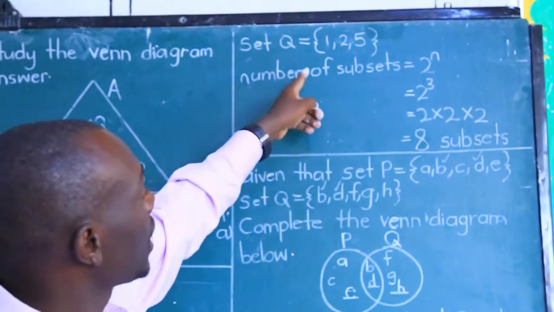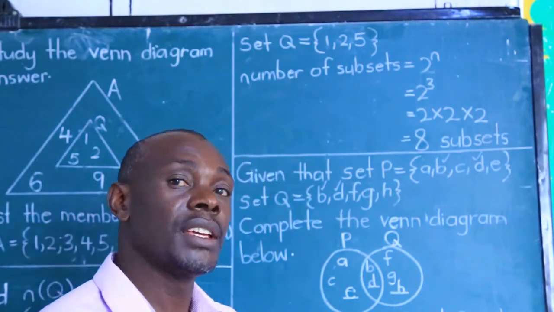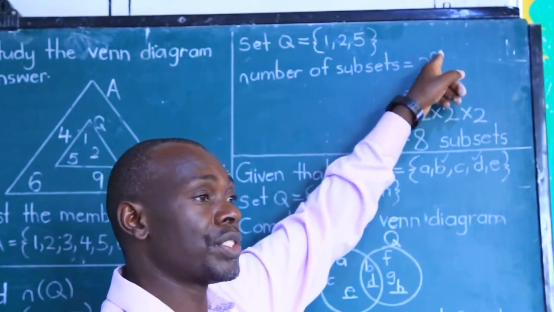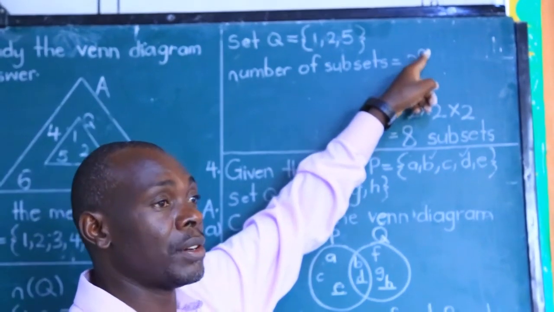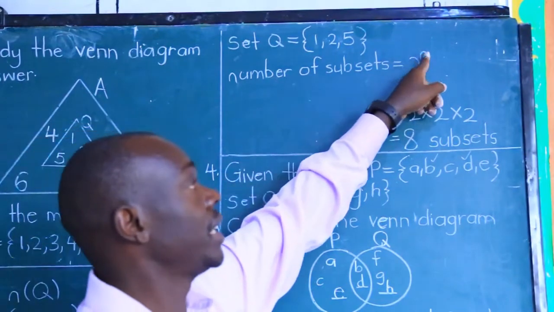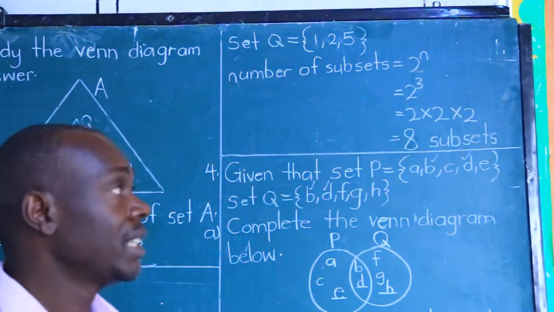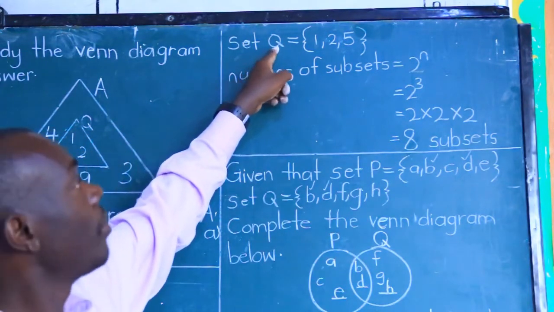So the number of subsets equals 2 index n. You say n here, or you say power n according to you, or exponent n according to the way your teacher taught you. But I prefer reading it as 2 index n, where n means the number of elements in a given set. What's that given set? Set Q. How many elements?